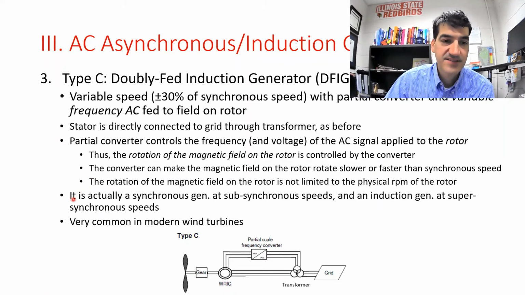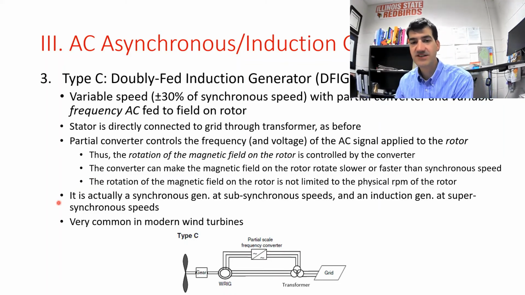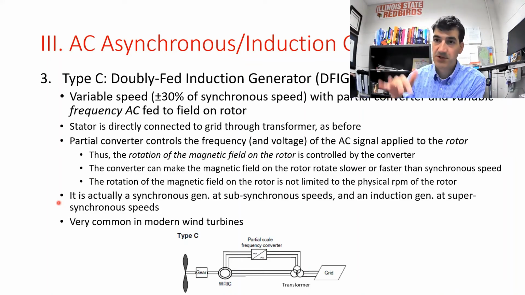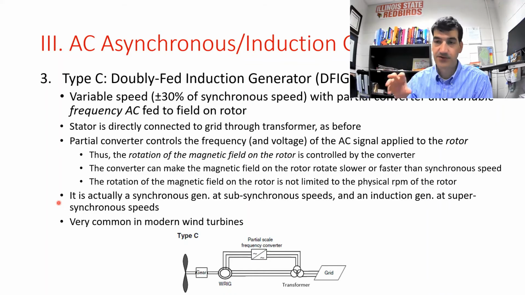All right, one of the last things here is that it actually operates as a synchronous generator at sub-synchronous speeds. What that means is that below 1200 RPM, I'm using that example again because that's what most wind turbines in the US are. So below that synchronous speed of 1200 RPM, the converter is applying an AC voltage that causes the magnetic field to rotate faster than the rotor is rotating mechanically.